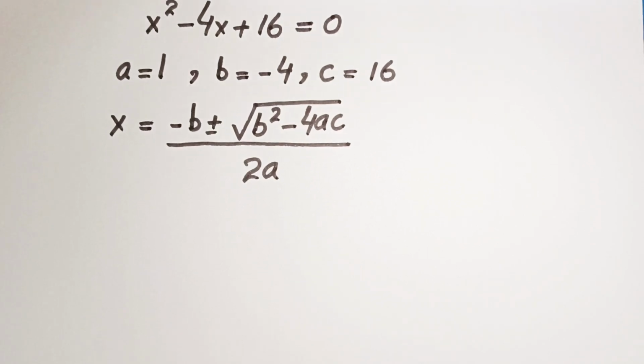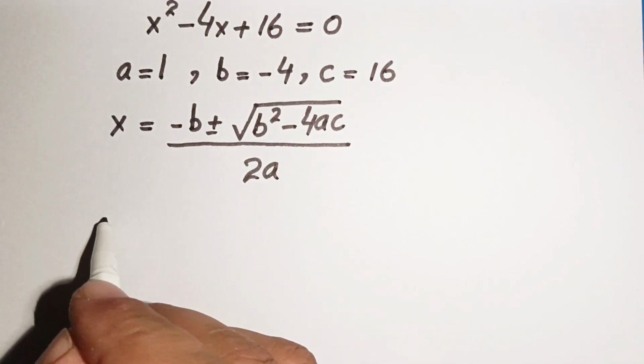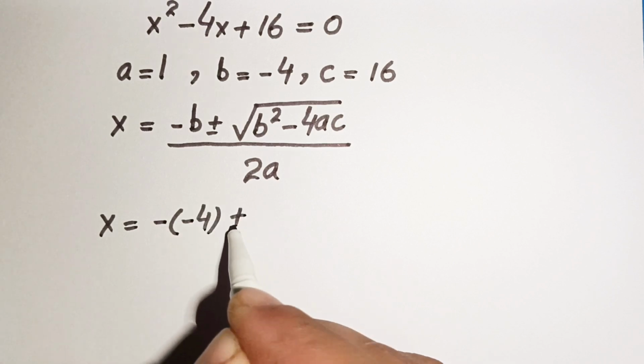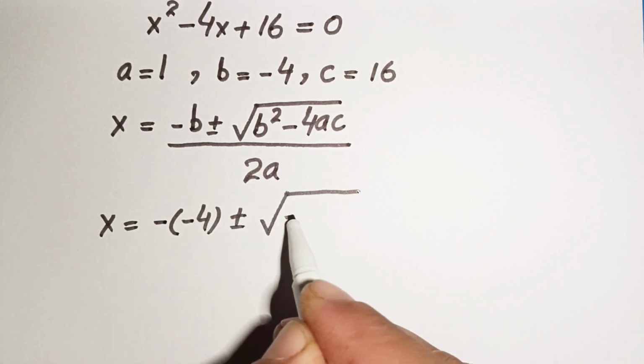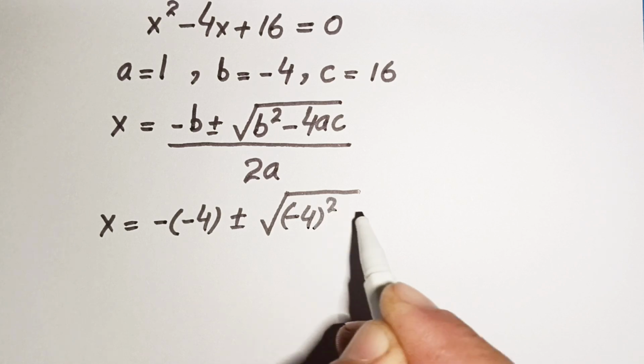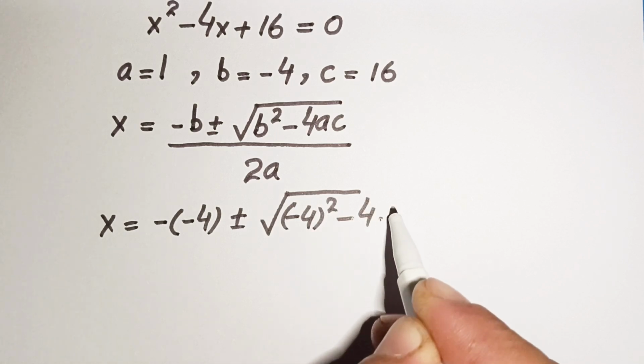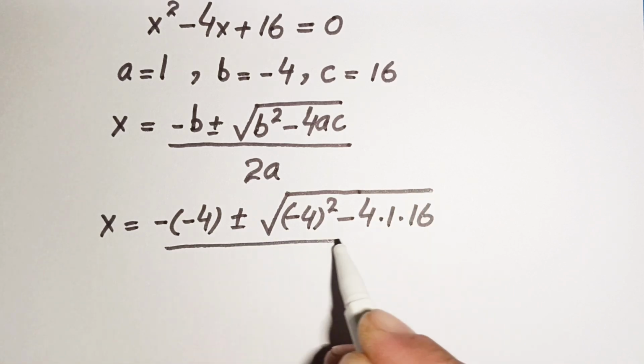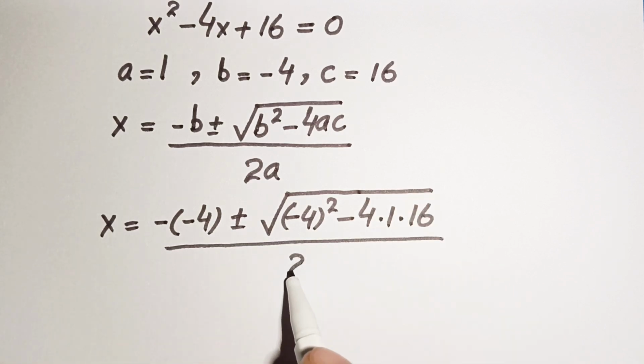Using these values of a, b and c, we have x = (−(−4) ± √((−4)² − 4·1·16)) / (2·1), where the value of a is 1.